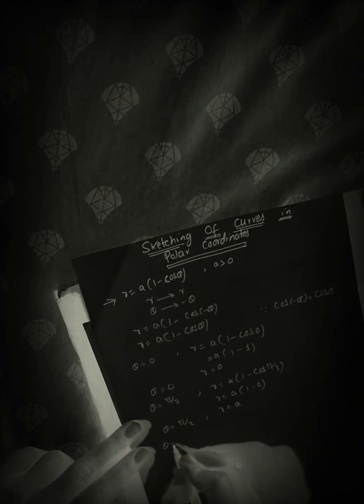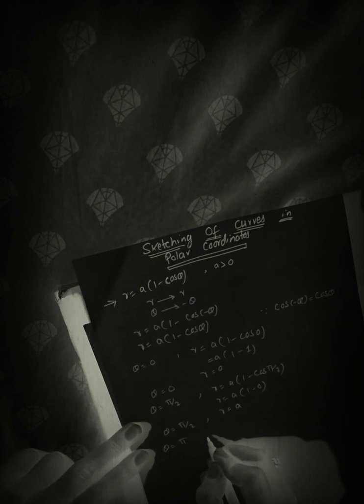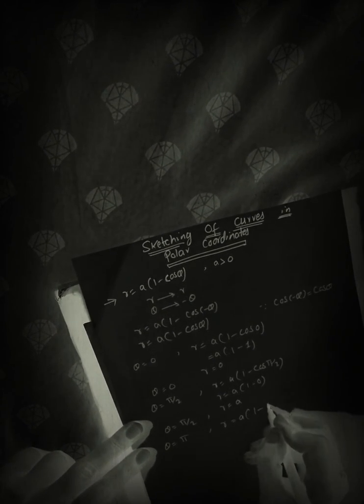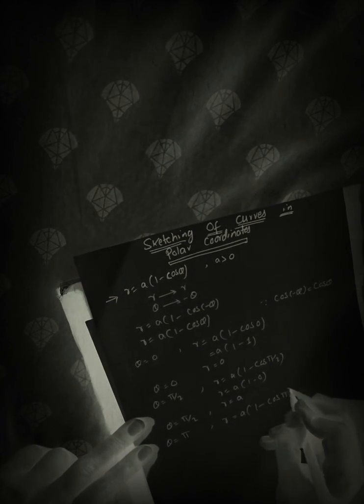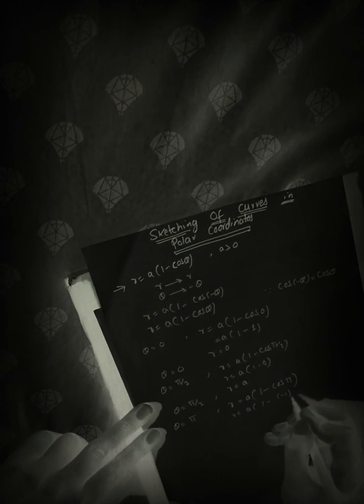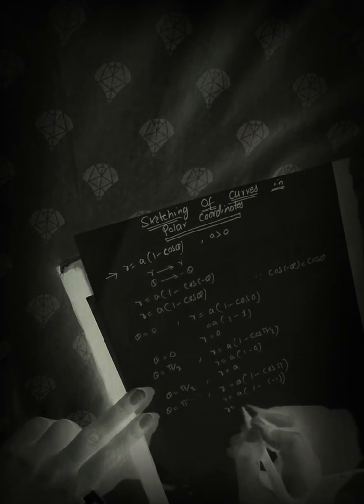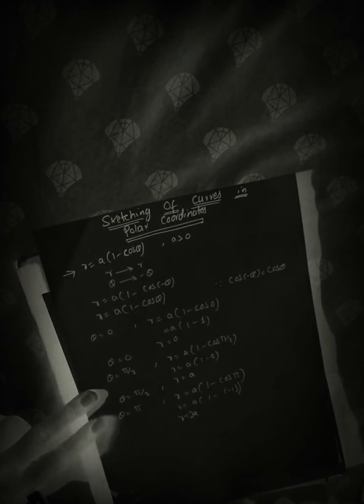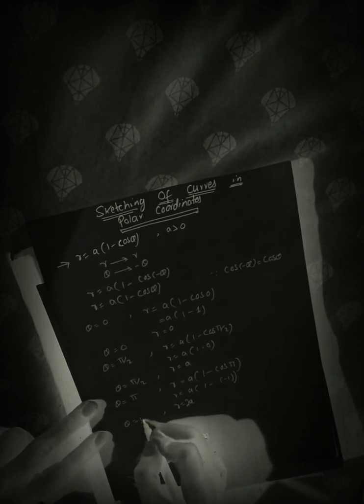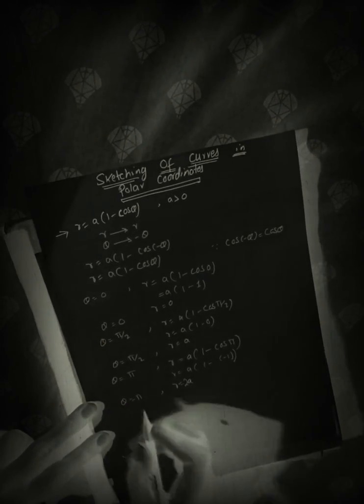Put theta is equal to pi, meaning 180 degrees, then r is equal to a(1 minus cos pi), a(1 minus minus 1), then r is equal to 2a. So at theta is pi, r is equal to 2a.